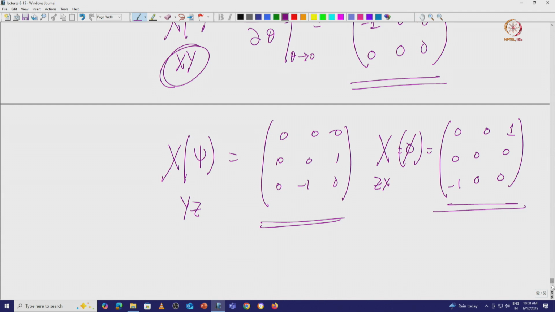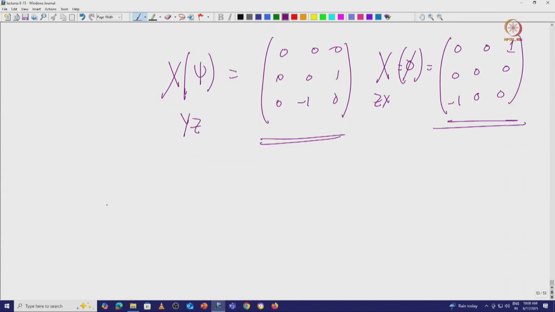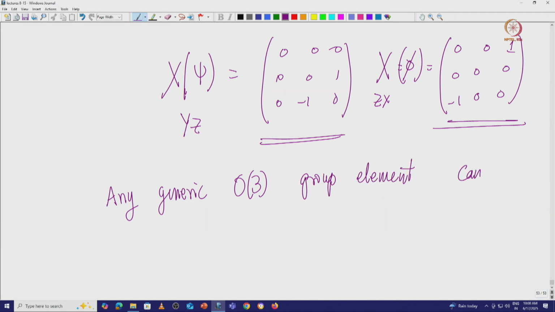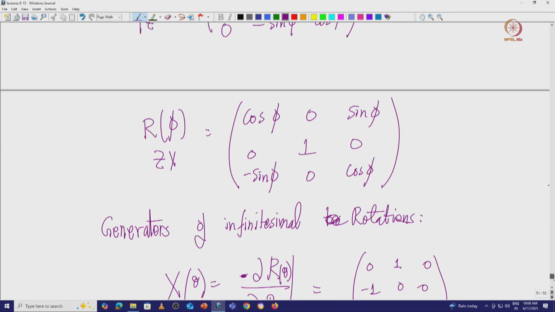So the point is that a generic O3 group element can be described as follows. The important point is that when the limit theta goes to 0, there is no rotation.